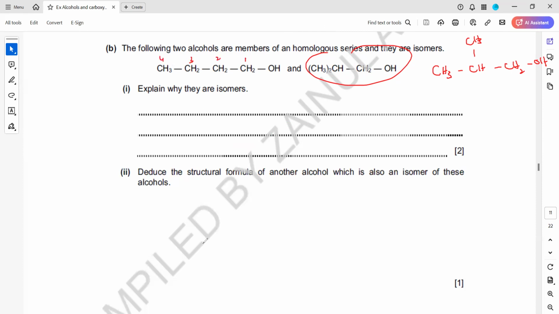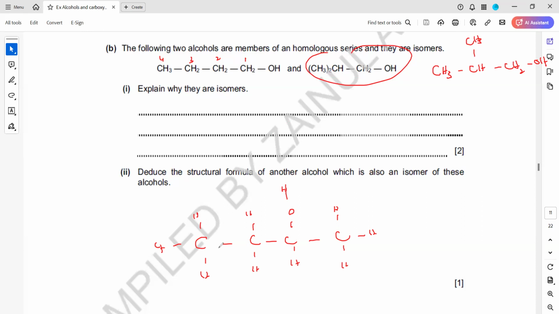So we'll just change the position of the OH. Instead of the first carbon, we can place an OH on the second carbon. It can be placed anywhere, it's not always at the first one, it can be anywhere. So this will become butan-2-ol.